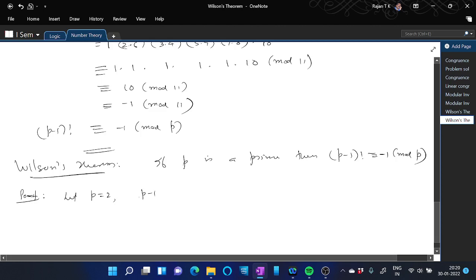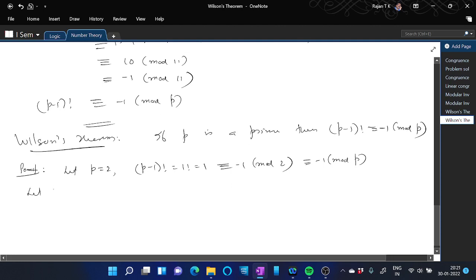Then p minus 1 factorial is equal to 1 factorial, which is equal to 1, and is clearly congruent to minus 1 mod 2. That is minus 1 mod p. Thus for p equal to 2, it is very clear that p minus 1 factorial is congruent to minus 1 mod p.